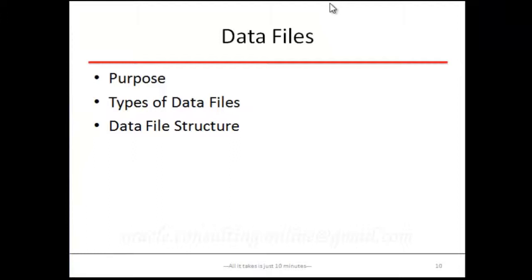Now, the data file structure is pretty straightforward. It's in a binary format which can be understood only by the Oracle software and code. And every data file has a header which talks more about the contents of the data file. It talks about the SCN number.